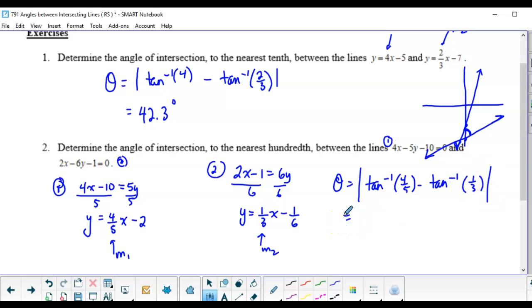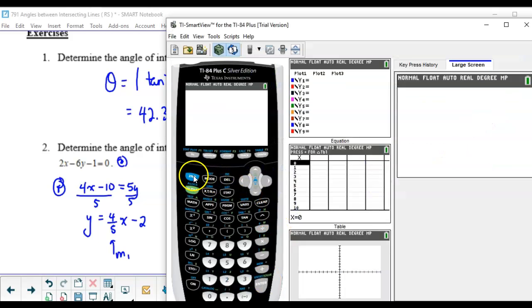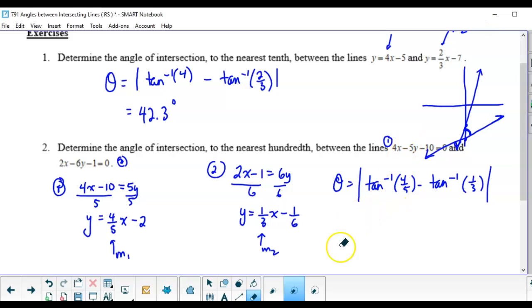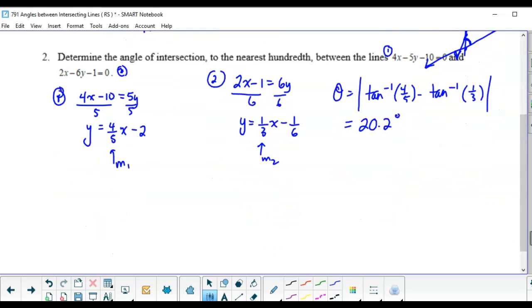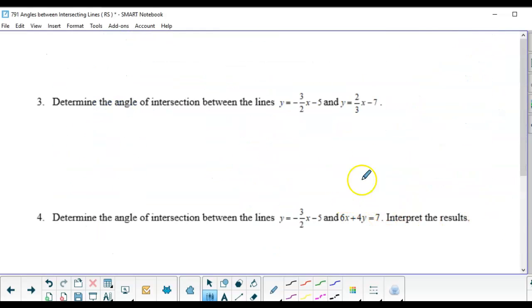And we'll get our calculator out. Second tan of 4/5 minus second tan of 1/3. 20.2 degrees.